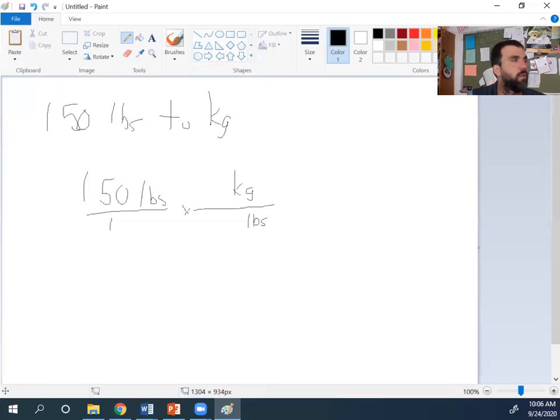The conversion says that 1 kilogram is 2.2046 pounds. Pounds cancel. So what's the answer? I think I got 68. And that's only 2 significant figures, correct? Just 2 right there. So Ashton, your mass is 68 kilograms.